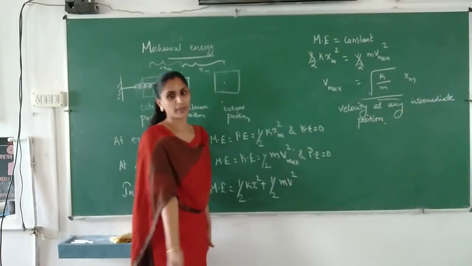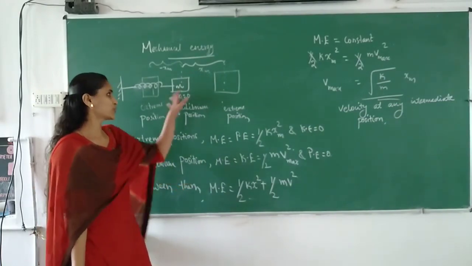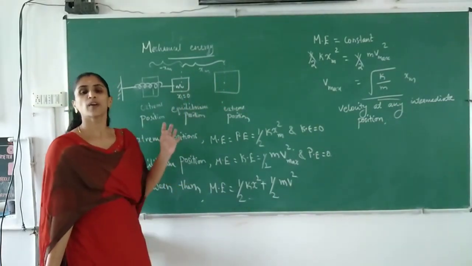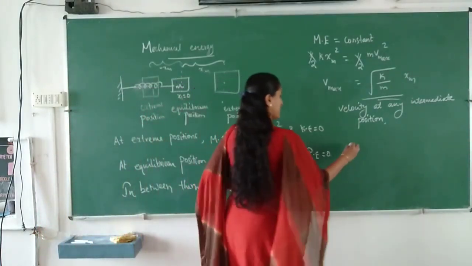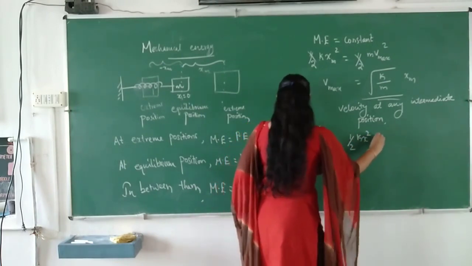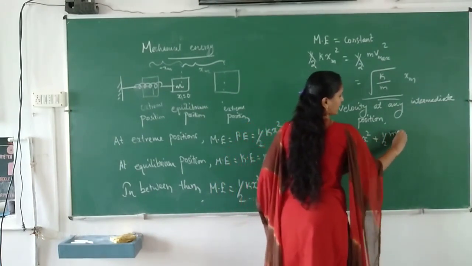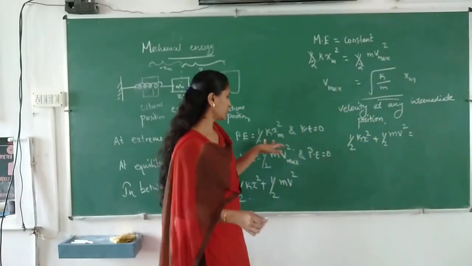Intermediate position means between extreme position and equilibrium position. In between these two, it will have both kinetic energy and potential energy. So again we can write half kx square plus half m v square is equal to, here also total mechanical energy should remain the same.